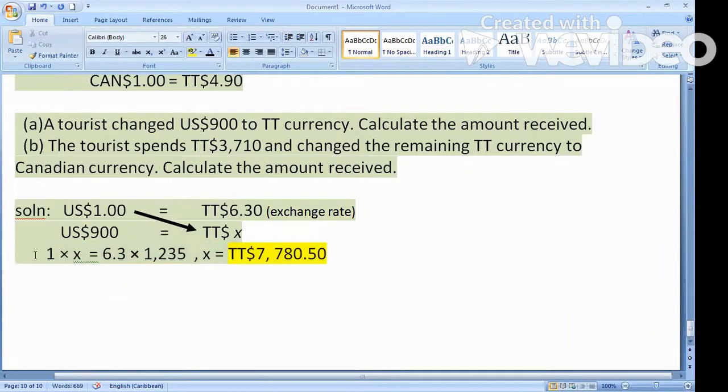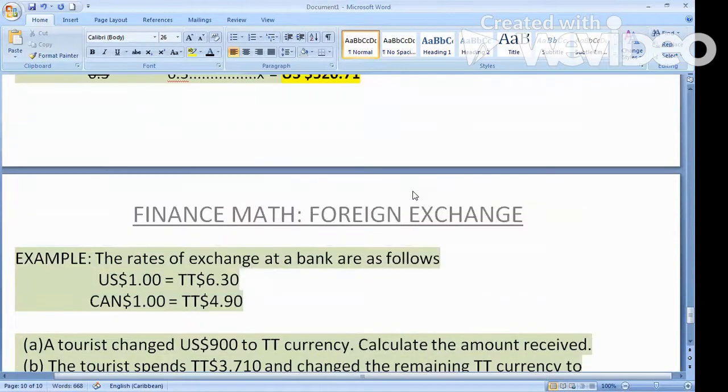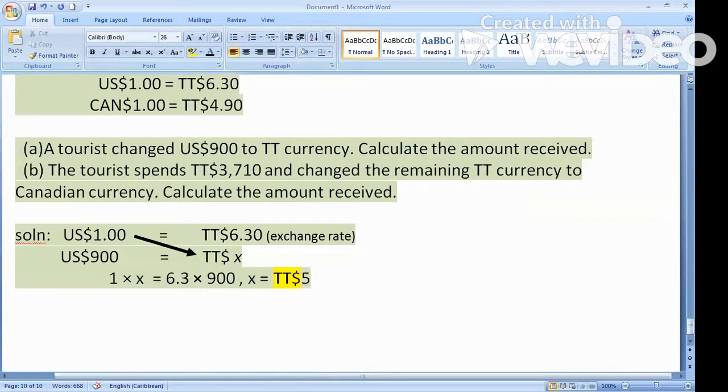All right, so 1 times x is equal to 6.3 times what? 900. All right, what is 6.3 times 900? Who knows? 5,670.